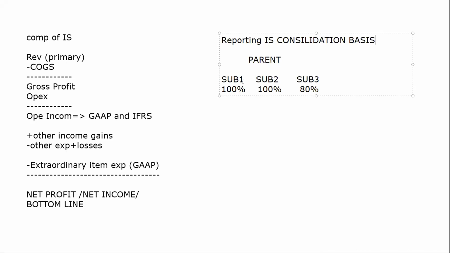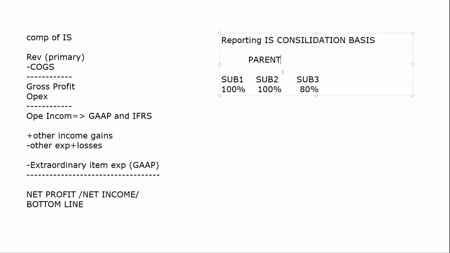This makes a consolidation. So if you see the income statement of the parent, it should have some unconsolidated and consolidated income statements. Sometimes they may not show the unconsolidated ones individually for each branch.